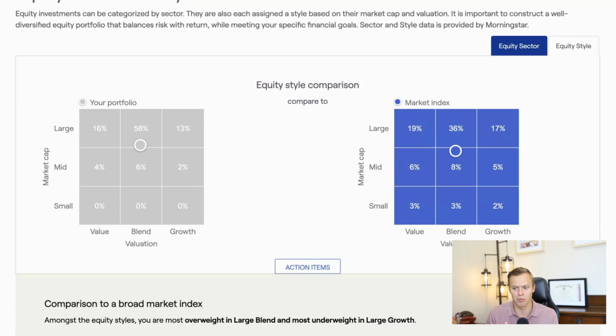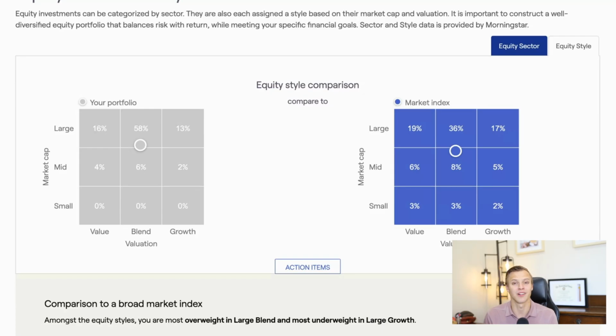Small value, small blend, small growth, mid blend, mid value. And then we have large growth, large blend, large value. So this just really gives us a good idea visually of, hey, how is your portfolio invested? And if you do want to make changes, if you want more mid-cap blend exposure, what should we do in our portfolio to achieve that?